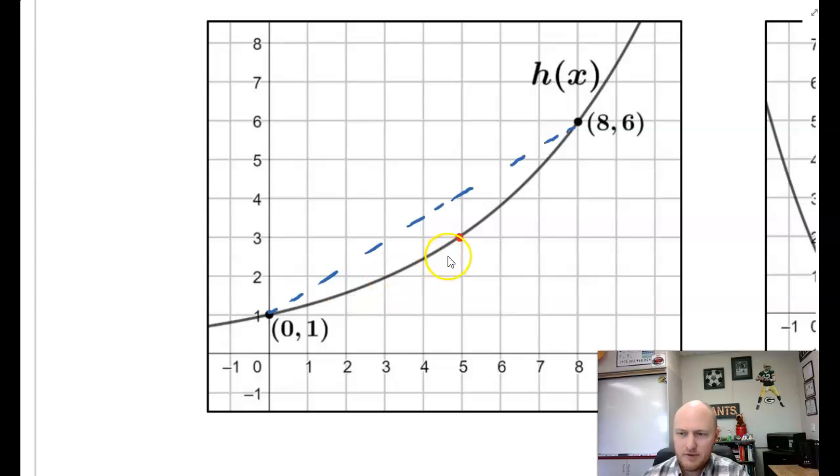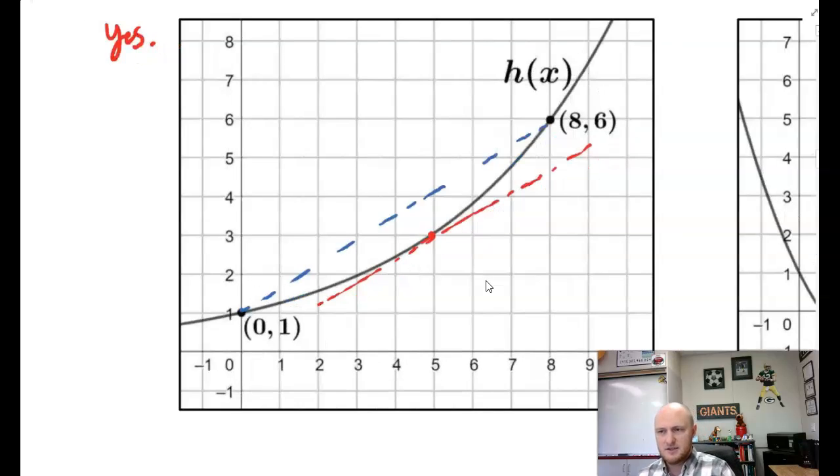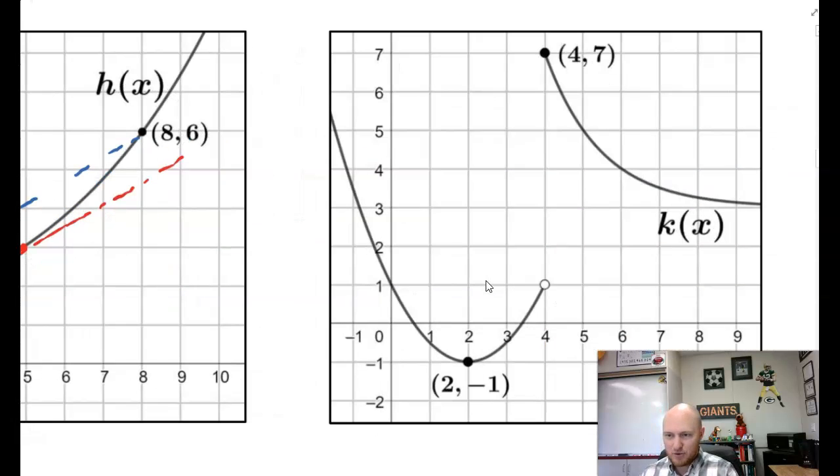Here, no, getting closer, but you can already see I made a point at 5 where the instantaneous rate of change is equal to this. So here's my tangent line. Okay, and notice that that's equal to that instantaneous rate of change. So yes, it is.